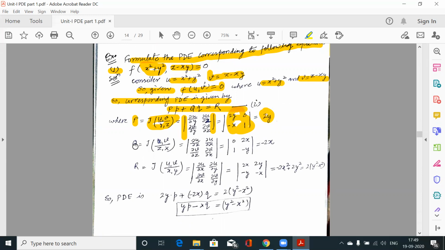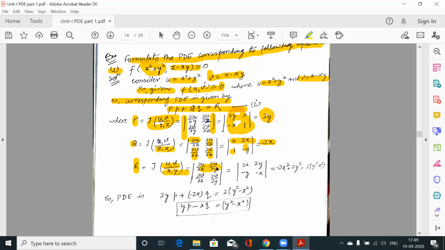Same, Q is the Jacobian of UV with respect to ZX. That means del U over del Z, del U over del X, del V over del Z, del V over del X. Now del U over del Z is 0, del U over del X is 2x, del V over del Z is 1, and del V over del X is minus y. So we are getting minus 2x as Q. Same, R is the Jacobian of UV with respect to XY.